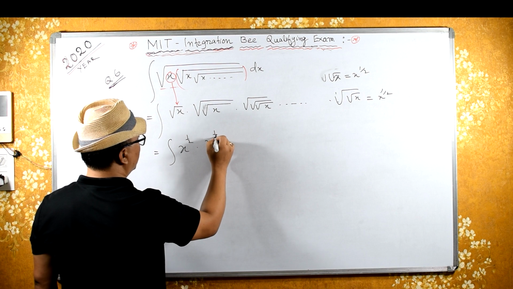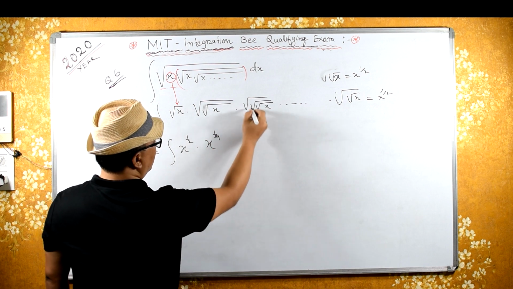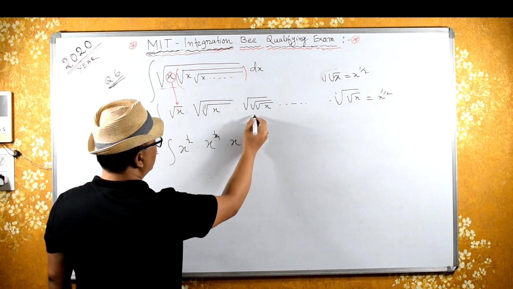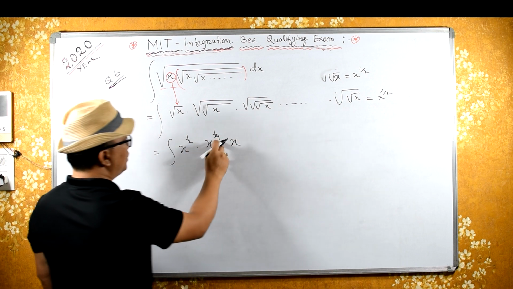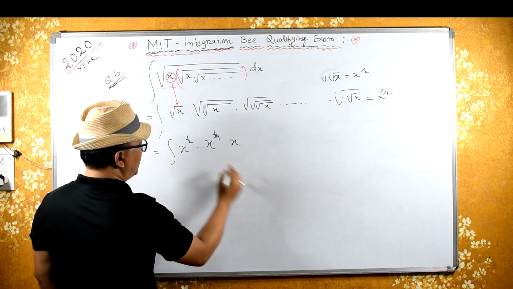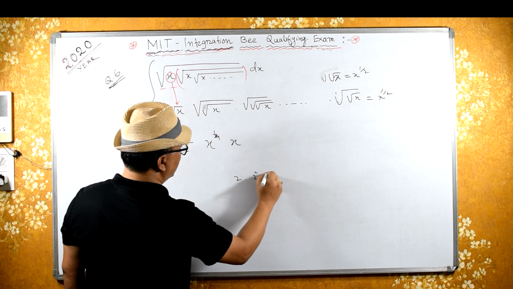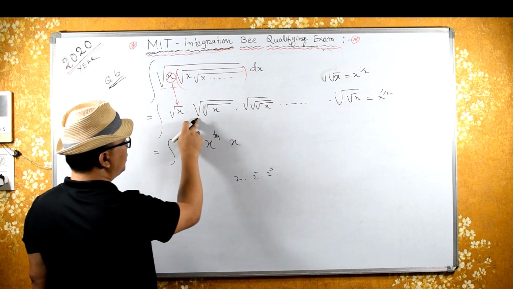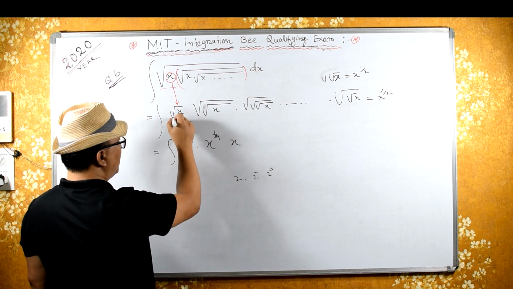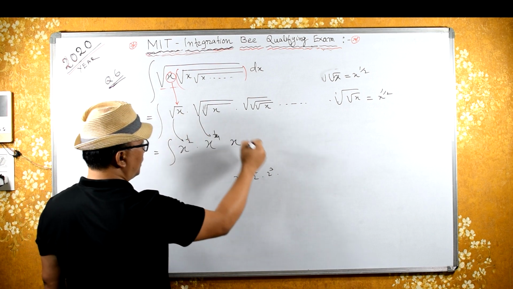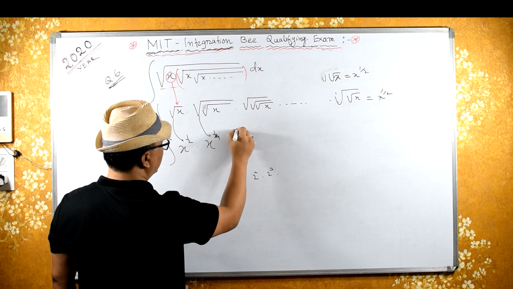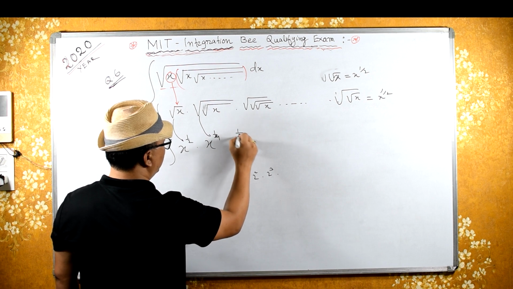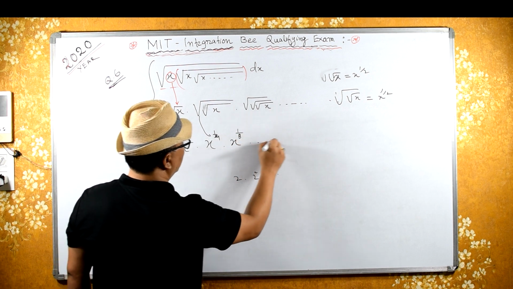Over here 2 square, 2 cube will come, so x raised to 1 by 8 will come, and so on.